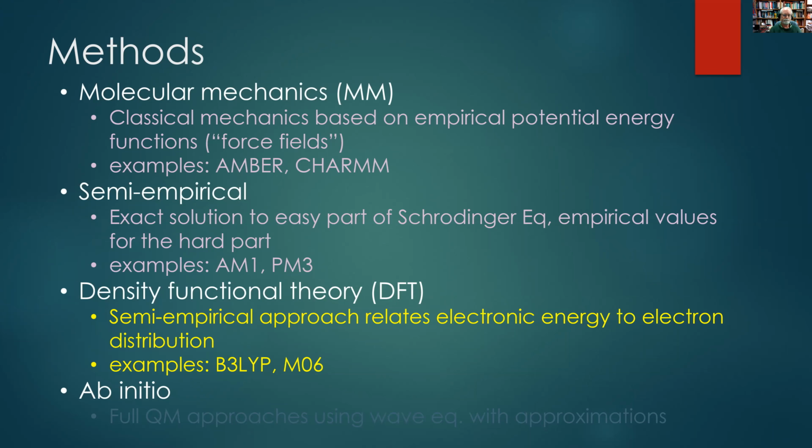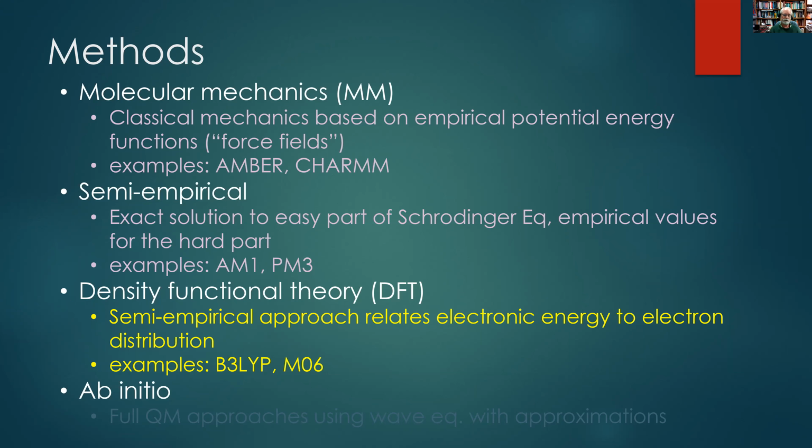The DFT method is based on, instead of trying to solve the Schrödinger equation, coming up with an empirical solution for the relationship between the electron density, rather than the wave function, and the energy of the system, the electronic energy.